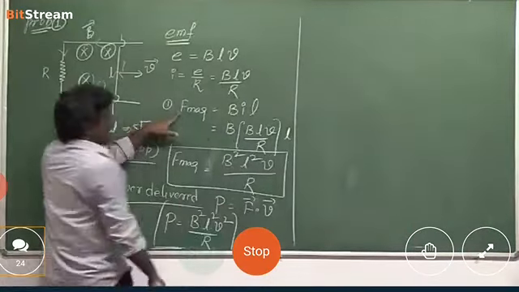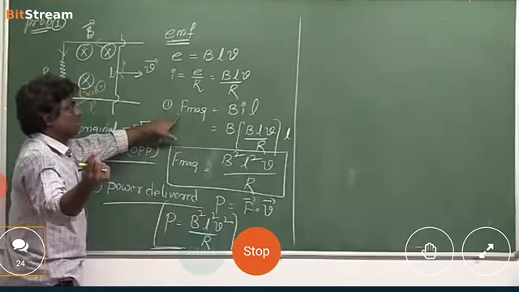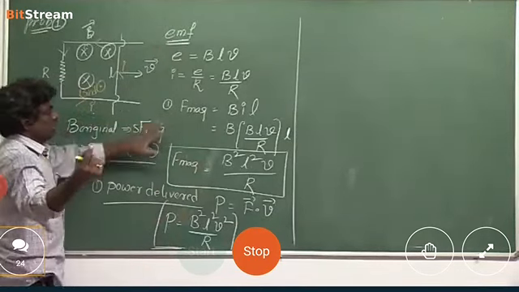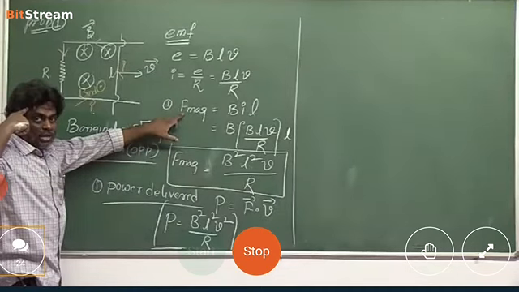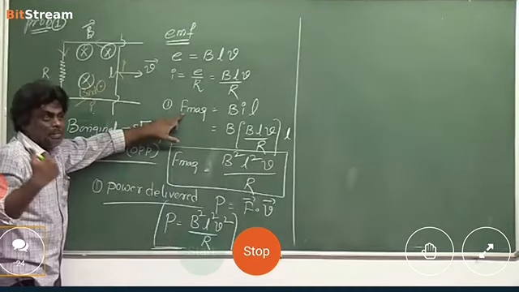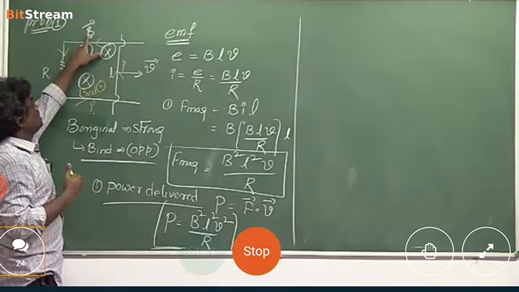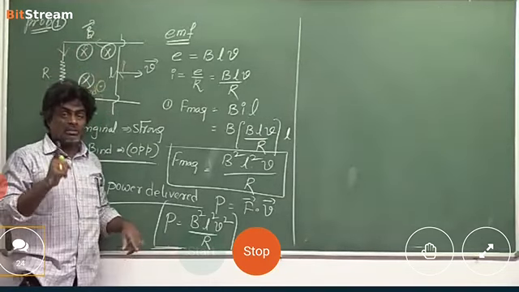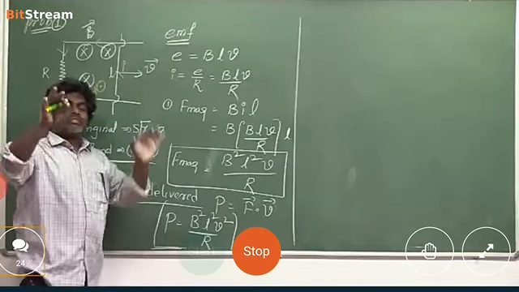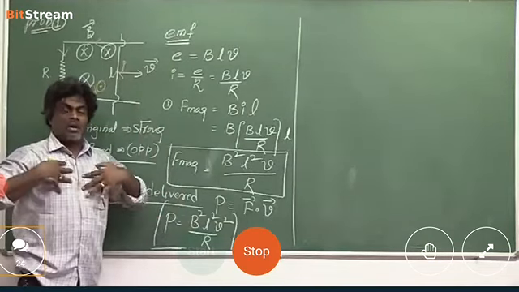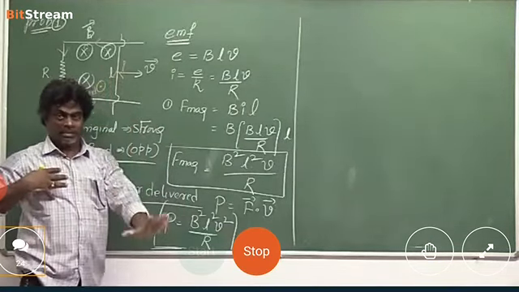And now if you want to find the magnetic force direction, everyone is getting one doubt. Which magnetic field do I have to use, original or induced? Original. For magnetic force, always we have to go with original.